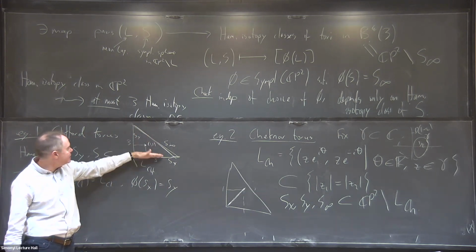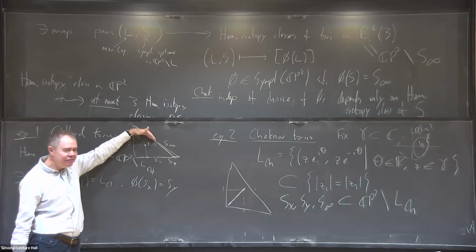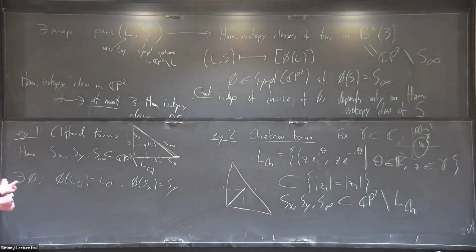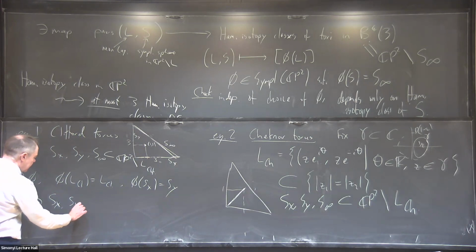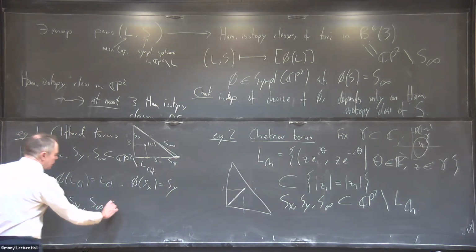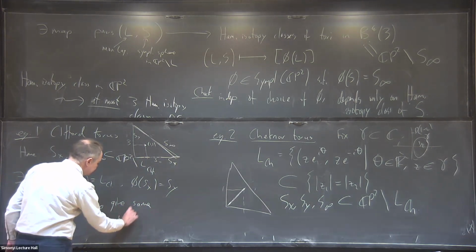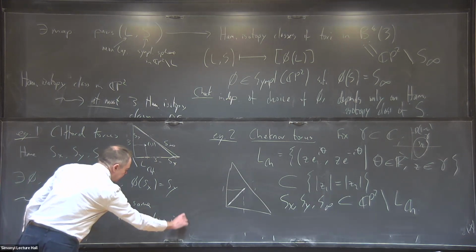So I could map Sx to Sy or Sx to S infinity, fixing the Clifford torus. Which means you're only going to get one Hamiltonian isotopy class in both.